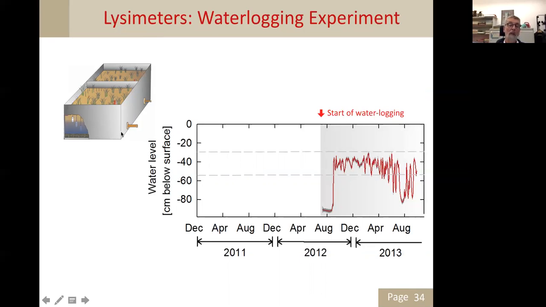So we installed a valve, and the valve stopped the outflow when the water level decreased below 50 centimeters depth. And it opened again when the water level increased above 30 centimeters. So we tried to keep it in this range, simulating the behavior of so-called groundwater influence or gleyic conditions, which often occur in pasture land and especially also in wetlands.